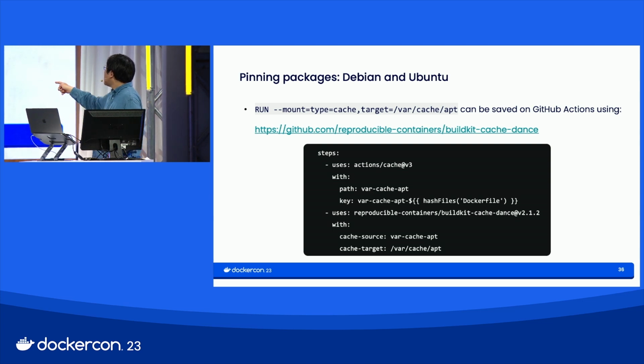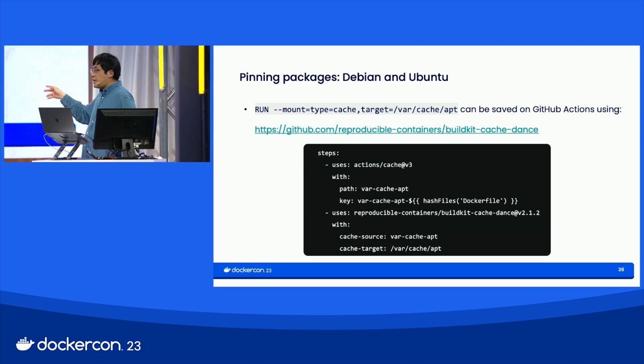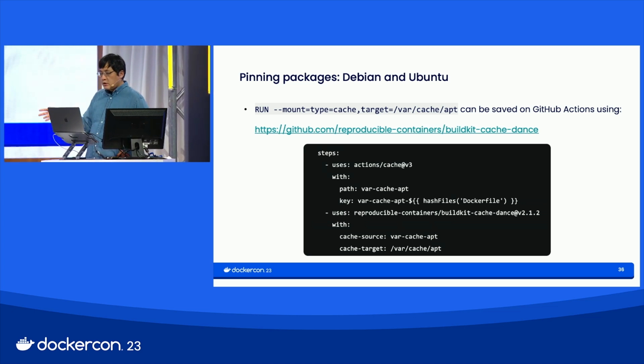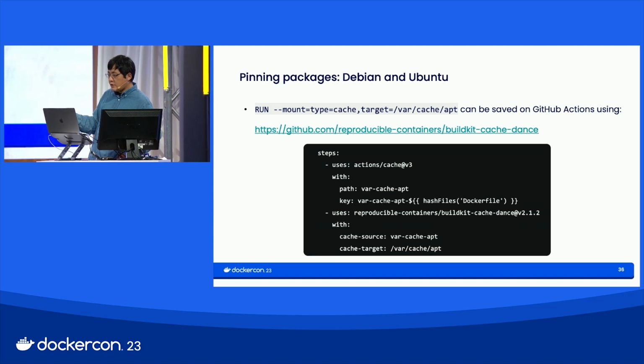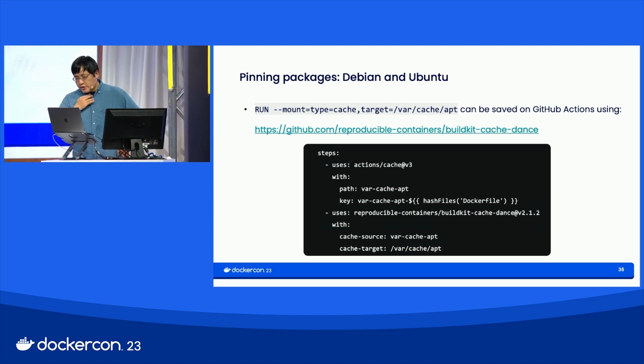And in the next section, you specify reproducible-containers/buildkit-cache-dance to preserve the cache-apt into the GitHub Actions cache infrastructure.